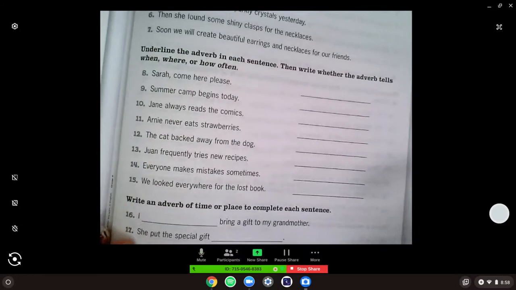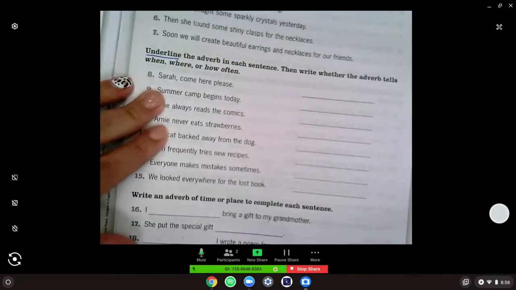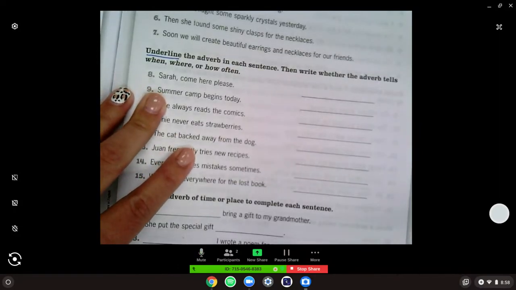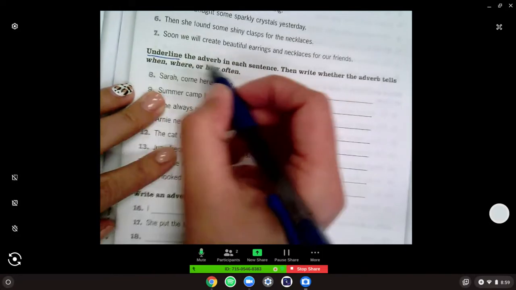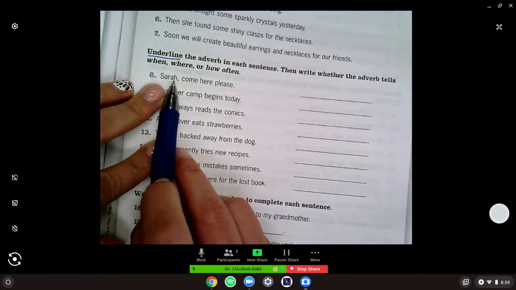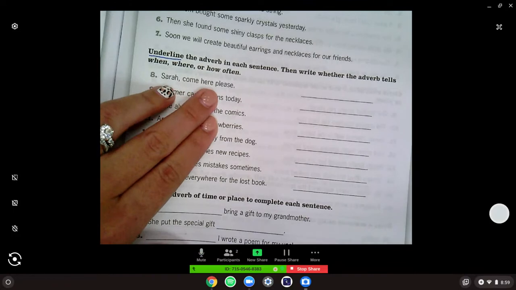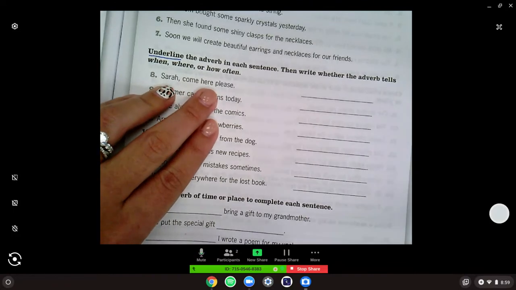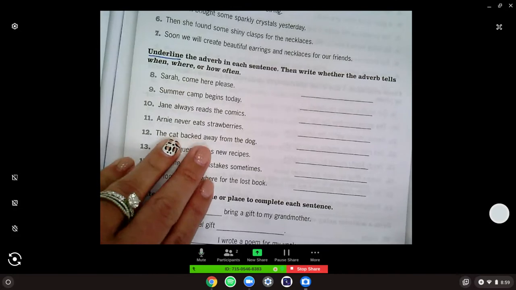Then we have 8 through 15. This time we need to underline the adverb in each sentence. Then say if it tells when, where, or how often. So let's look at number 8. Sarah, come here, please. What adverb do you see in there? What do you see, Alasia?